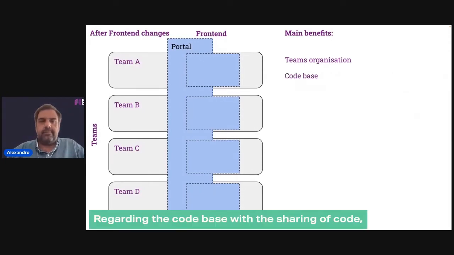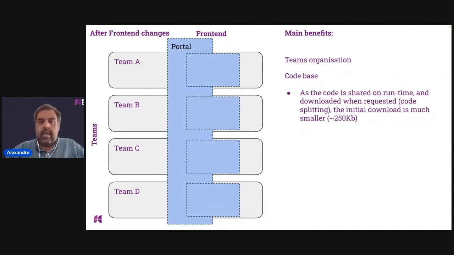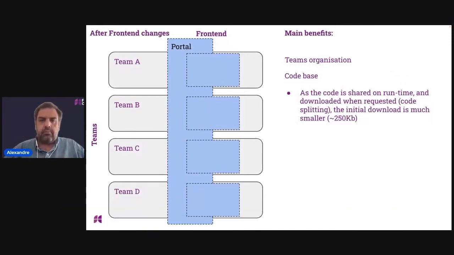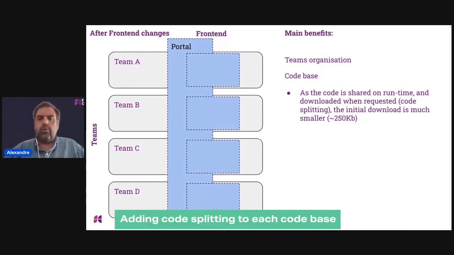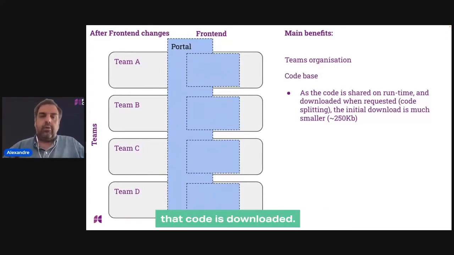Regarding the code base, with the sharing of code, each code base is smaller and cleaner, as it will only contain the code specific to that micro frontend. Adding code splitting to each code base will make the code only be downloaded if requested by the user, so just when the user goes to that part, that code is downloaded.